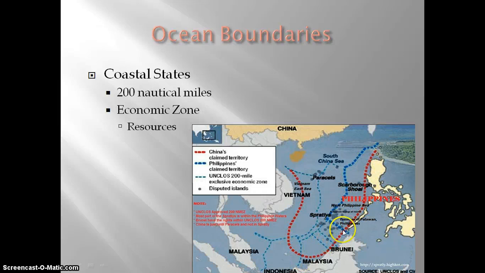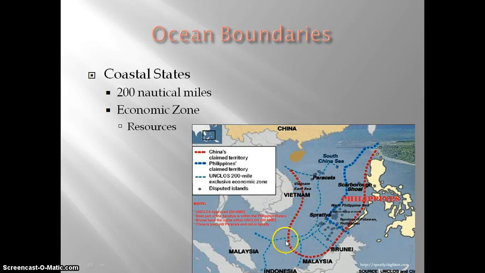I mean, essentially it comes up into Malaysia, Brunei, parts of Indonesia, and the Philippines. And so that's crowding them, and you see the Philippines' blue line, the area that they have claimed is theirs. And then you can see the smaller blue line. This is part of the United Nations understanding of how laws in the sea should work.